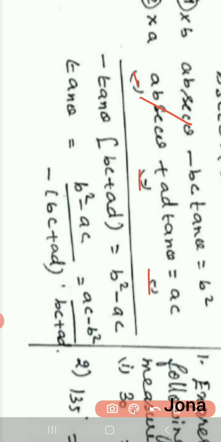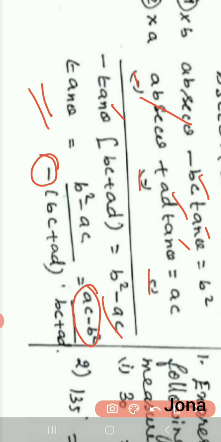Here tan theta is common, so take minus tan theta common, and bc and ad is here. So bc plus ad in the bracket equal to b square minus ac. So from this I can write tan theta equal to b square minus ac by minus of bc plus ad. Instead of this minus, I can change the numerator as ac minus b square by bc plus ad.